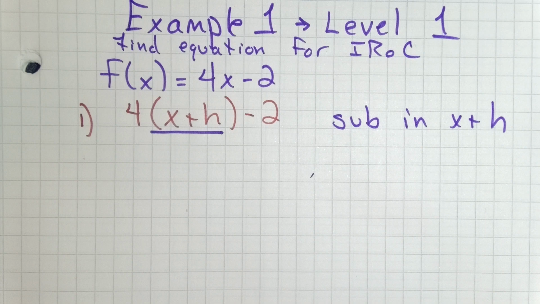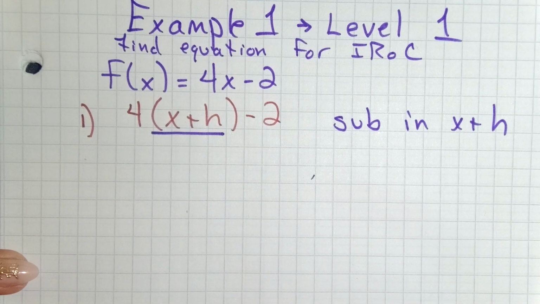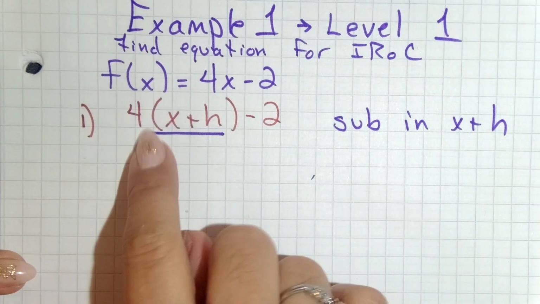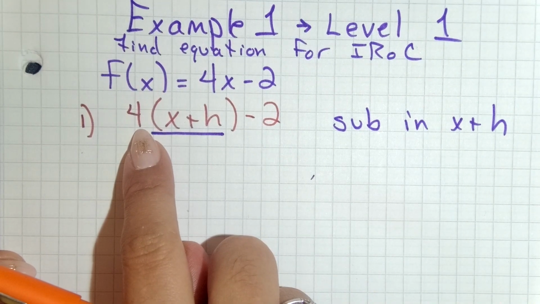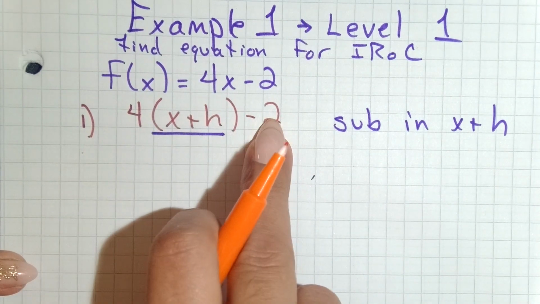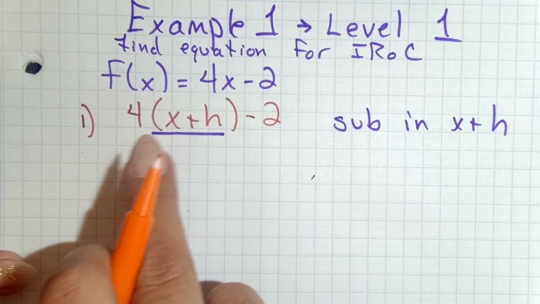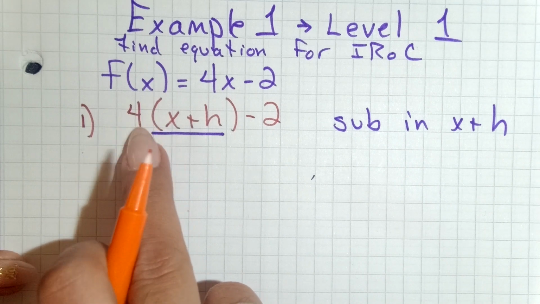I have to do something to the 4. What is this 4 doing to the x plus h? What operation? Multiplying. So what do I need to do to the 4?